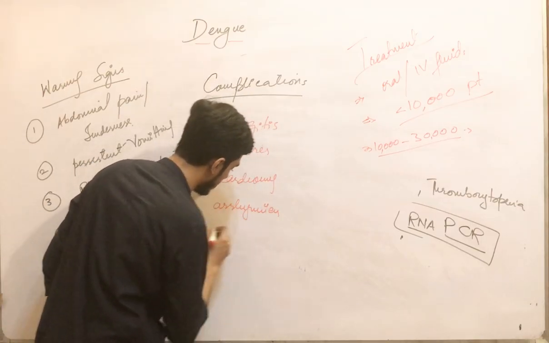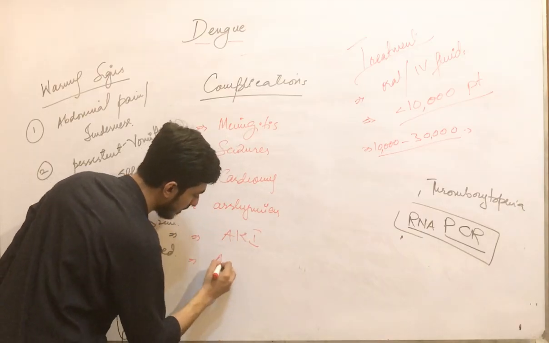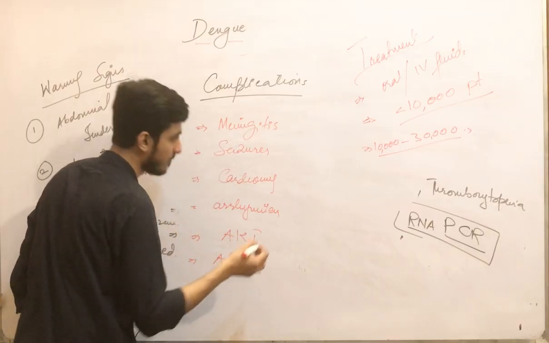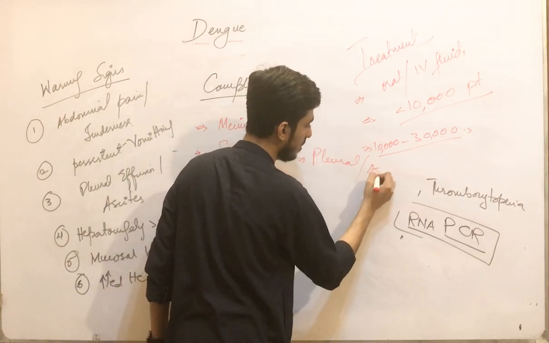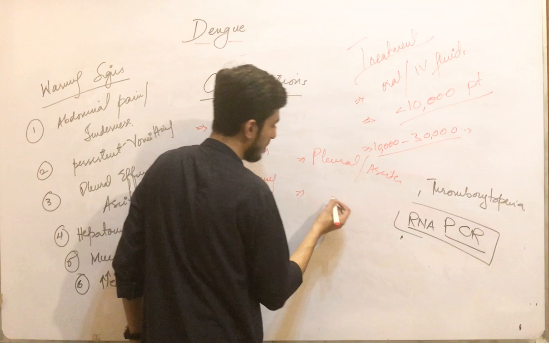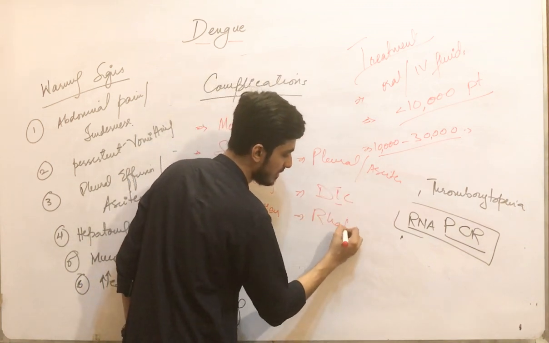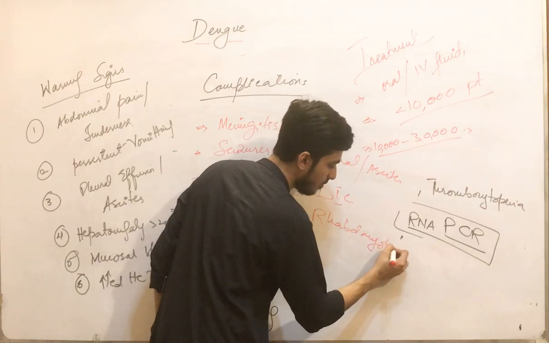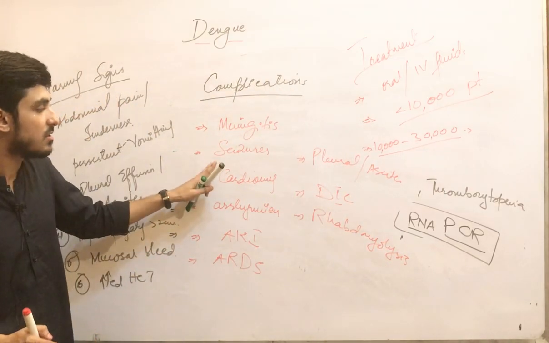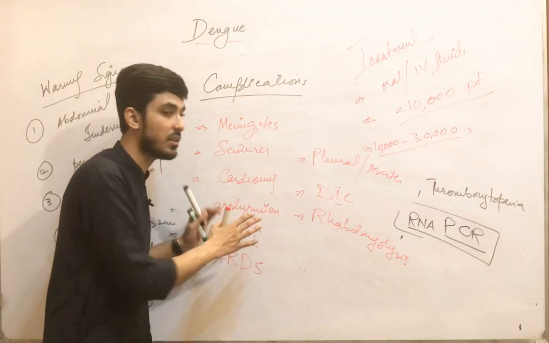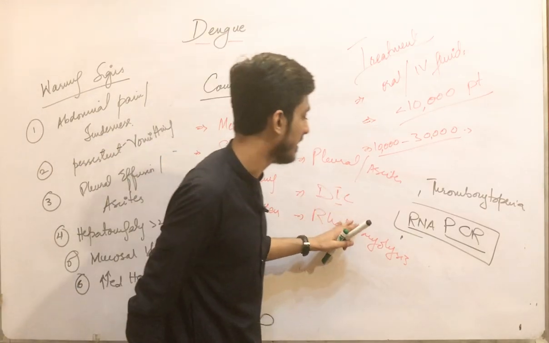Patients with dengue can develop AKI, can develop ARDS. Obviously pleural effusion and ascites are also complications of dengue. Patient can go into DIC, rhabdomyolysis. So these are all the complications of dengue fever: meningitis, seizures, cardiomyopathy, arrhythmias, AKI, ARDS, pleural effusion, ascites, DIC, rhabdomyolysis.